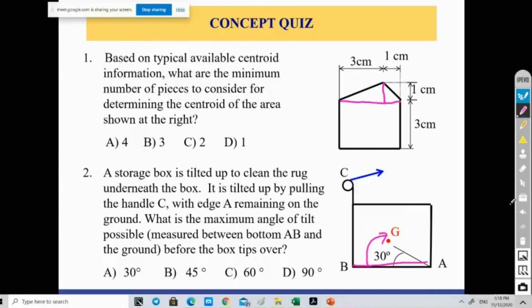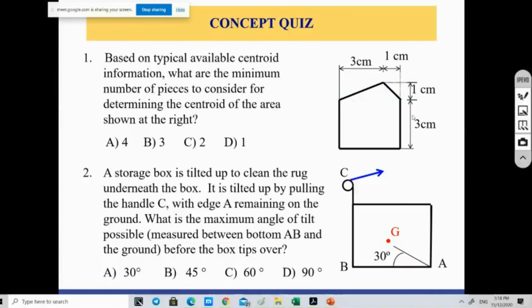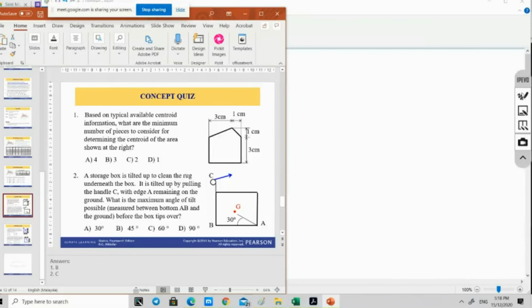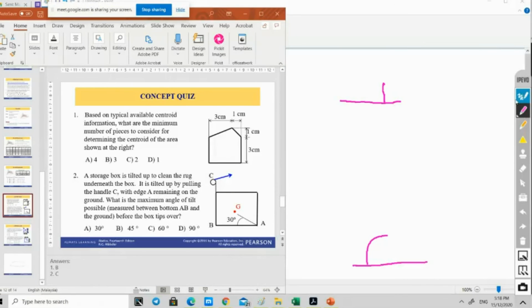My answer is 60, doctor. Yes, it is 60. Why do you answer 60? I use the concept of right angle triangle, that's why.